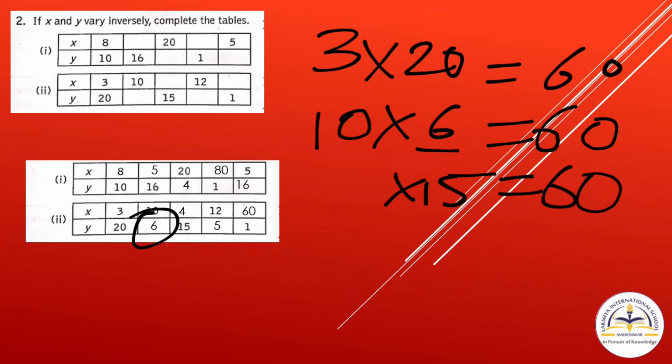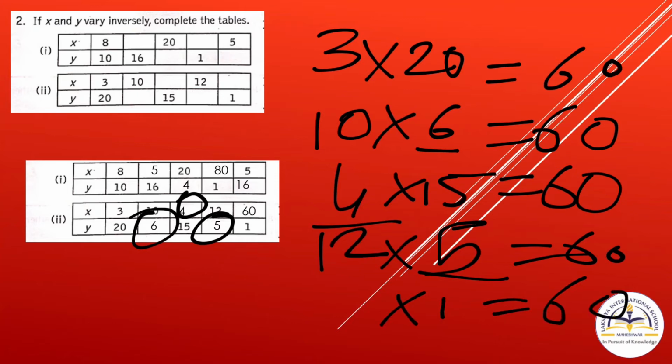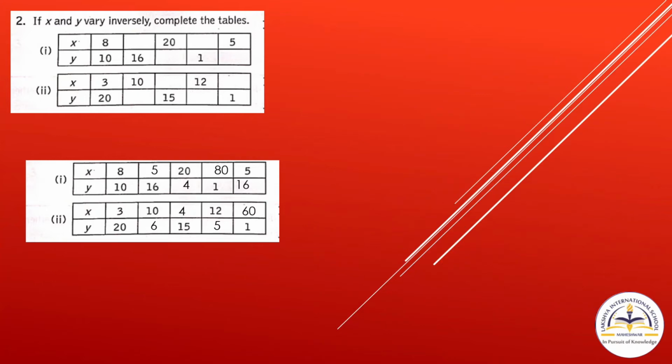We know 15 times 4 is 60, so 4 will be the answer. Now 12: 12 times 5 is 60, so 5 will be the answer. Now 1 is given, 1 multiplied by 60 gives 60, so 60 will be the answer. Likewise you have to complete these tables.